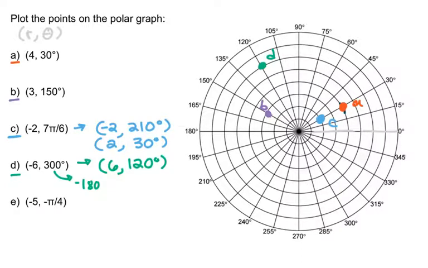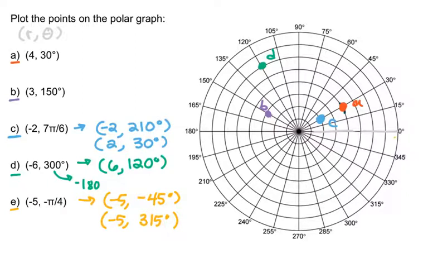And my last point we'll do here, E, we have a negative radius and a negative radian measure. So this is the same as -5 and -45 degrees. -45 degrees comes down this way, and that is positive 315 degrees. Right? 315 degrees is my 45-degree angle in quadrant 4.